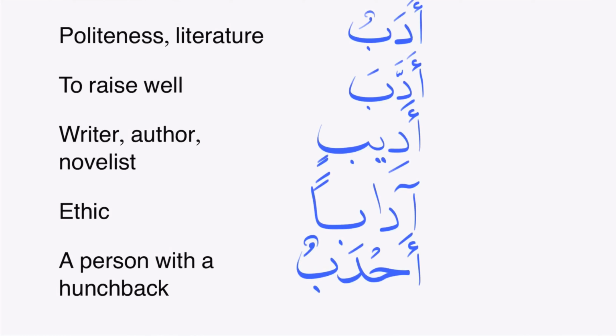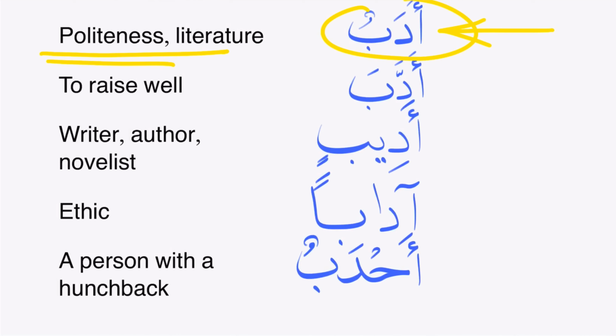This list has real Arabic words. I want you to try first to read them on your own. Try to figure out the pronunciation of each of these words, and I will give you the meaning in English. So the first word here, adab.